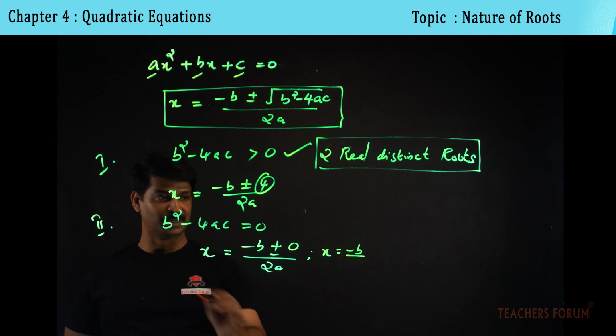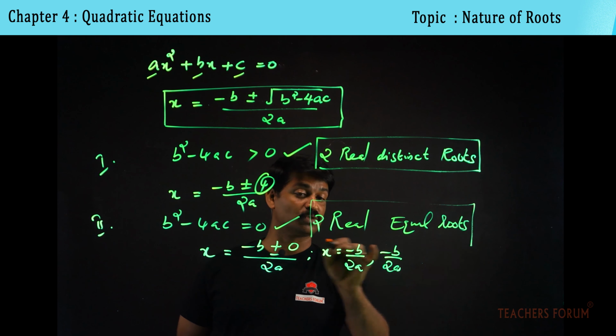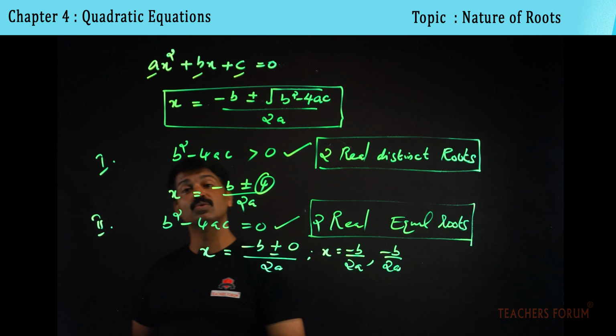So if b square minus 4ac is 0, how many roots will there be? There will be two roots, but those two roots will be equal: minus b by 2a and minus b by 2a. I think it is clear to you. There will be two real equal roots if b square minus 4ac is equal to 0.